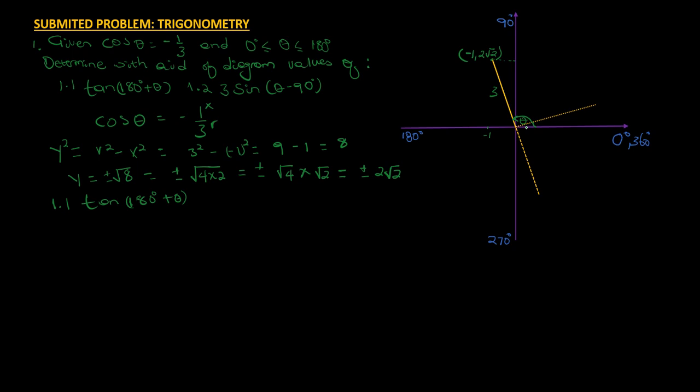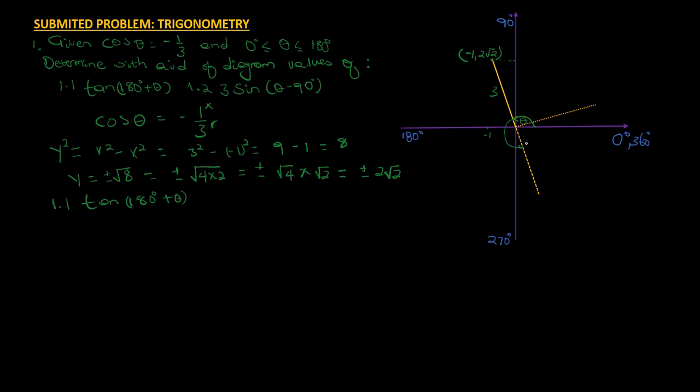So that is theta. Now they're asking us to determine the tan of a function of an angle that is 180 plus that theta. So we've got our theta measured from the positive x-axis, but we must rotate further another 180.